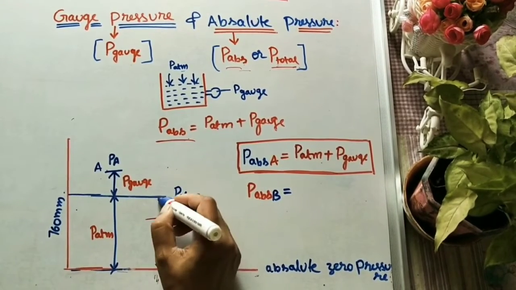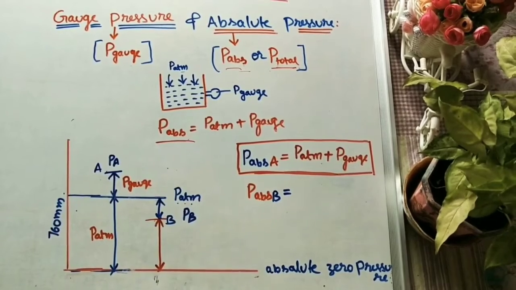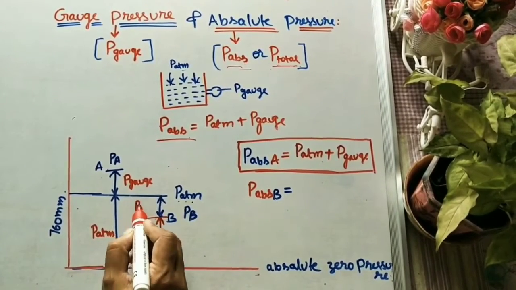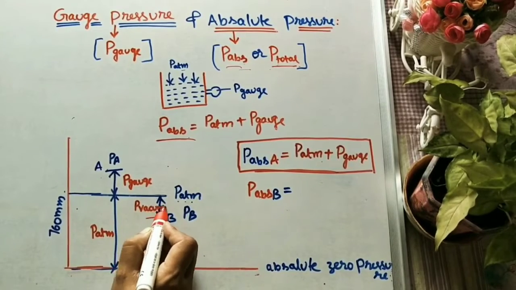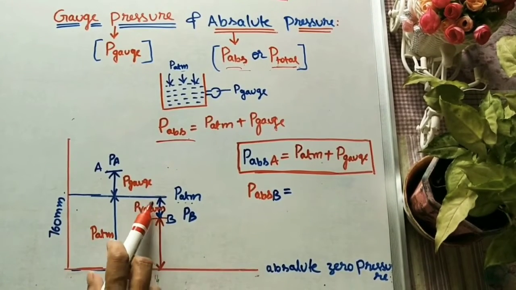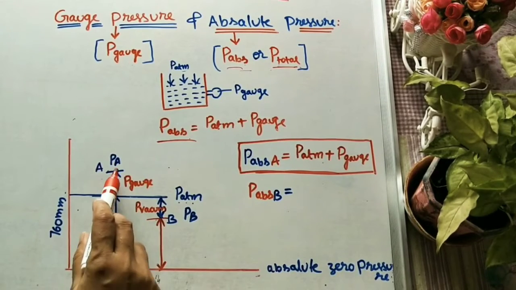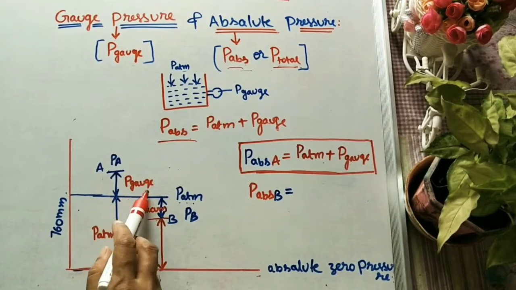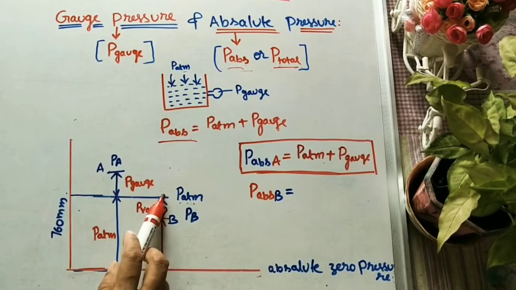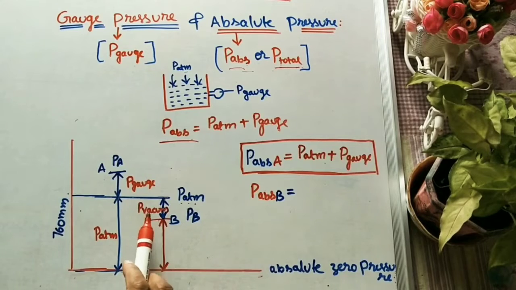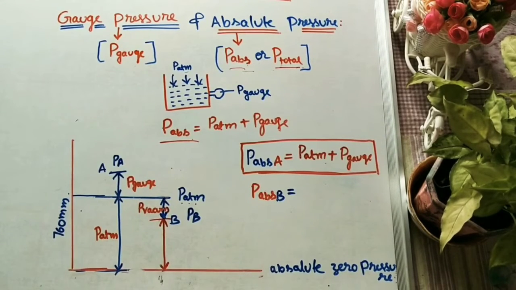Here it is also gauge pressure, but it is less than atmospheric pressure. That's why we call it vacuum pressure. Gauges are giving this value. We can call it gauge pressure also, but whatever value is above the atmospheric we use the symbol P gauge, and whatever value is below the atmospheric we call P vacuum. P vacuum we also find by using the gauges only.